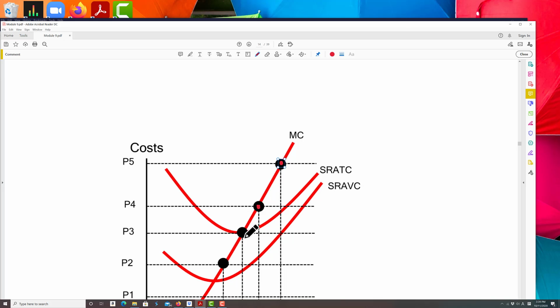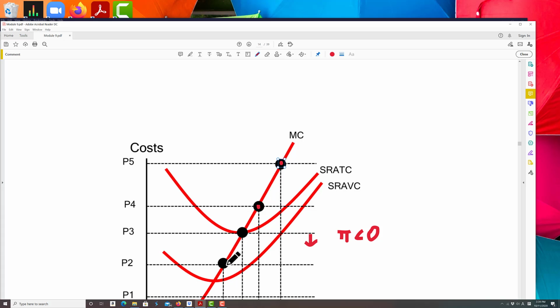A question arises when the price falls below the minimum of average total cost. That means below this, the firm is not making money, but is incurring a loss. Pi is less than 0.